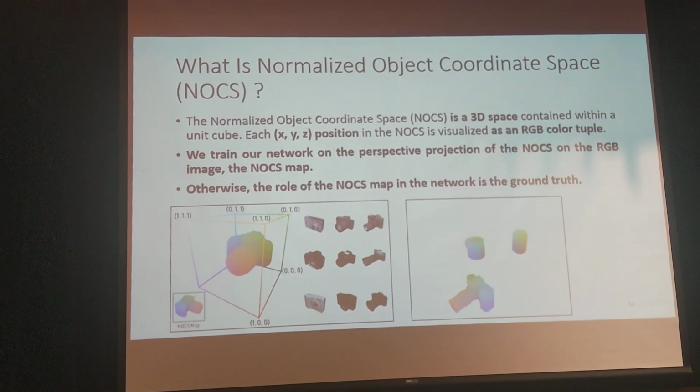We also can refer to this space as a representation of objects which are all in a given category. We train our network on the perspective projection of the NOCS on the RGB image, the NOCS map. Otherwise, the role of the NOCS map in the network is the ground truth.